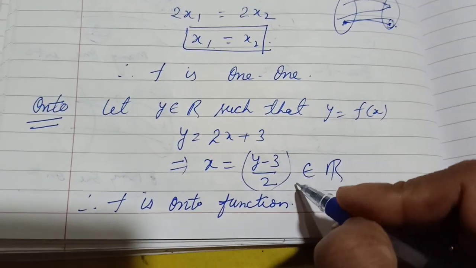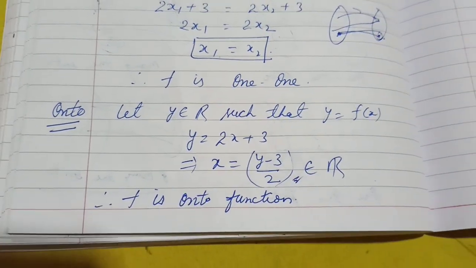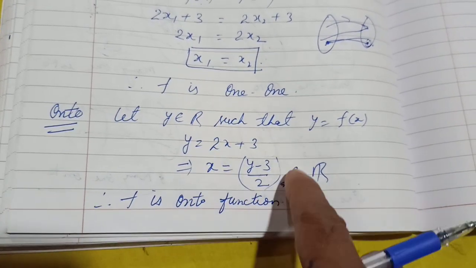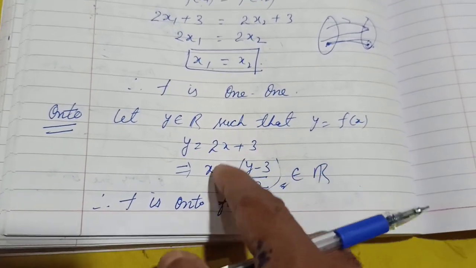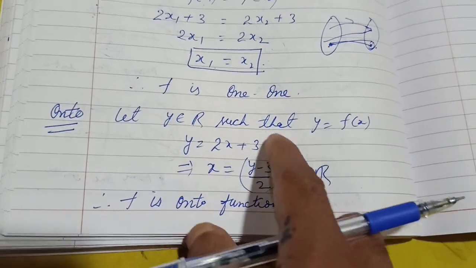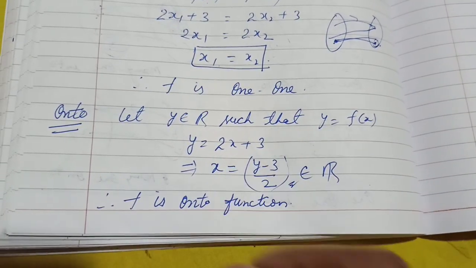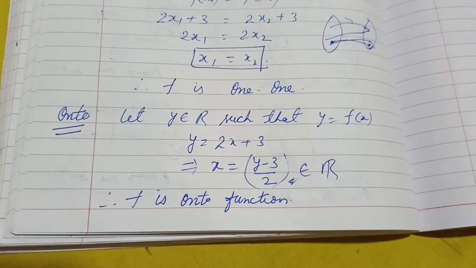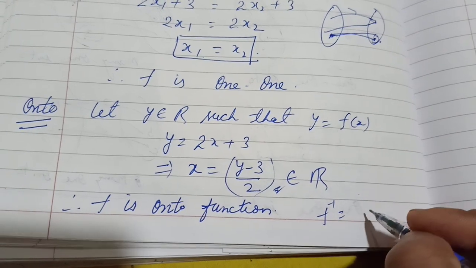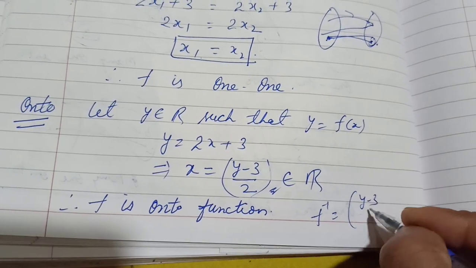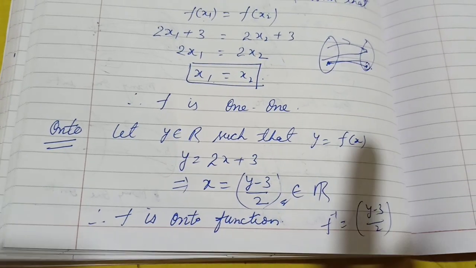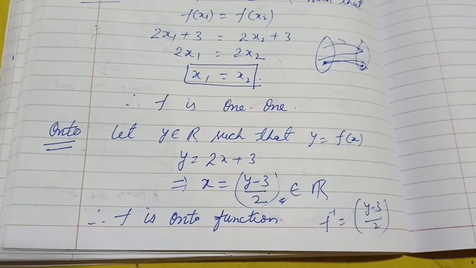And when the function is onto, then it is also called the inverse function. This value of x that we got is called f inverse of y. So f inverse is given by (y minus 3) upon 2. When function is one-one onto, then f inverse exists.